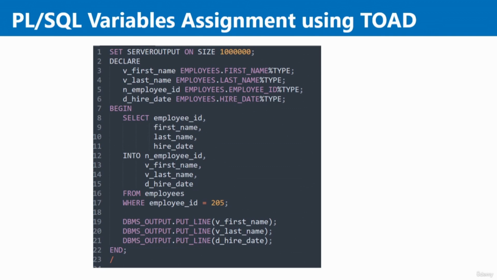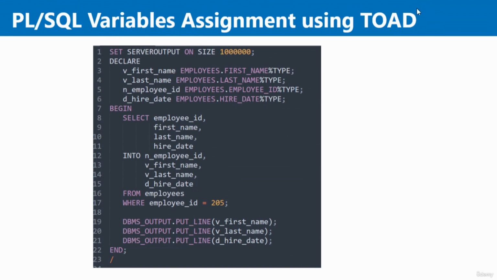Inside the declare section, from line number 3 to 6, I have specified some variables. The name of the first variable on line number 3 is v_first_name. When you declare a variable, you also have to specify the type of data that's going to go into that variable.